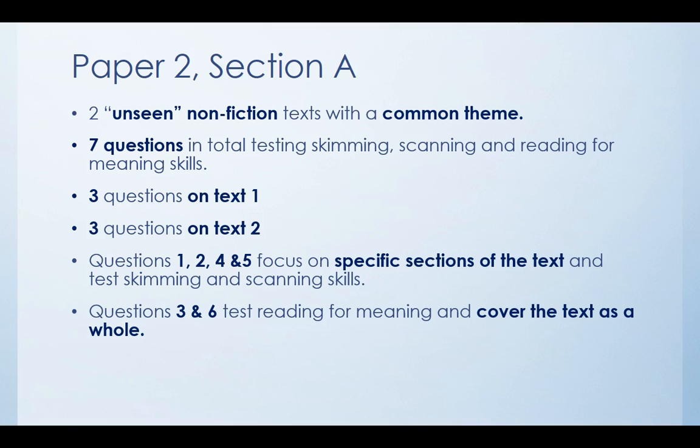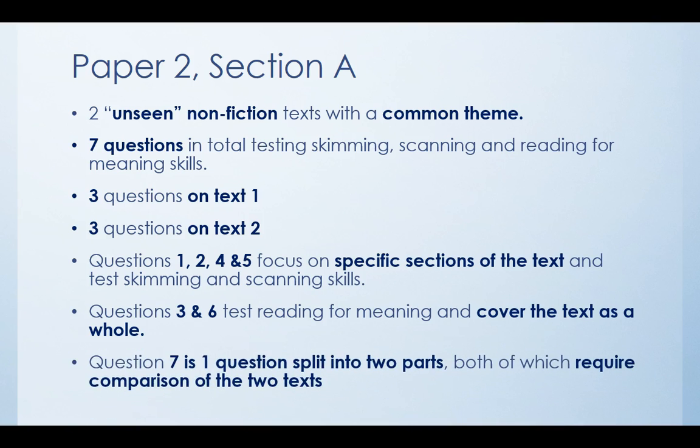Question 3 on text 1 and question 6 on text 2 test your reading for meaning. They require longer answers and you are expected to cover the text as a whole text in question 3 and question 6. So the shorter questions will direct you to particular sections, the longer questions will direct you to talk about the text as a whole.